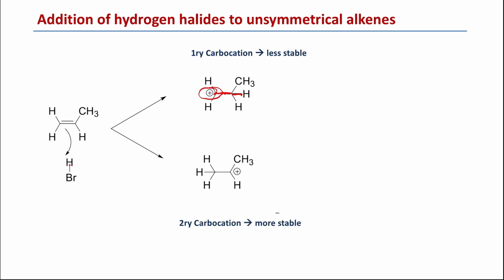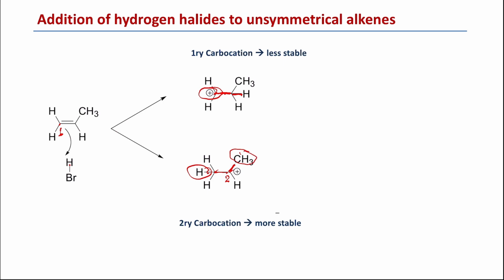The second case is when the hydrogen adds to carbon number 1. In this case, the positive charge will be on carbon number 2. This is a secondary carbocation because the carbon here is attached to two different carbon atoms. This is one and this is the second carbon.